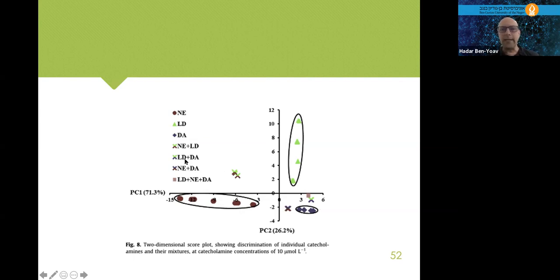So it's a way to tell us if we have a mixture. If the sample falls around here, we can say we have a mixture of both dopamine and L-DOPA, or if it falls here, we can say this is norepinephrine or L-DOPA or dopamine. Any questions on this slide or on this paper?